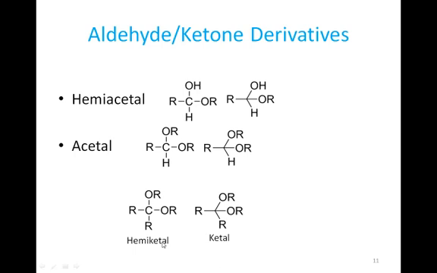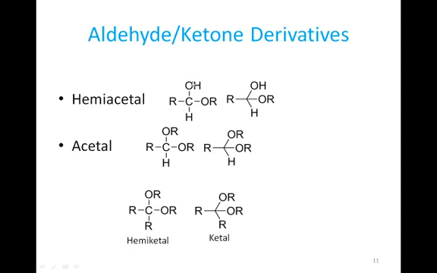I've drawn this out as a hemiketal, but actually that would only be a hemiketal if I had a hydrogen here, so I've made a bit of a mistake there. If this was a hydrogen, that would be a hemiketal. This is actually a ketal here, even though I've written hemiketal there. Sorry.